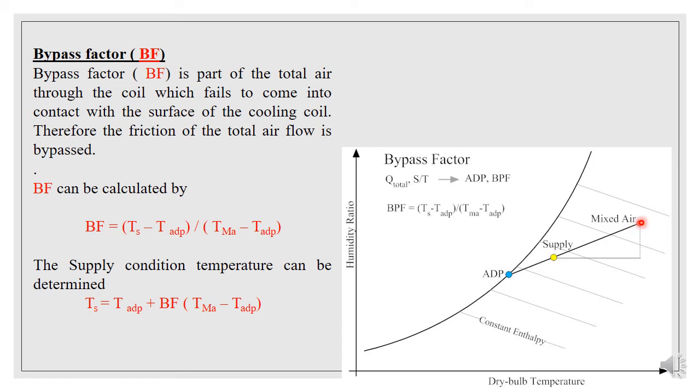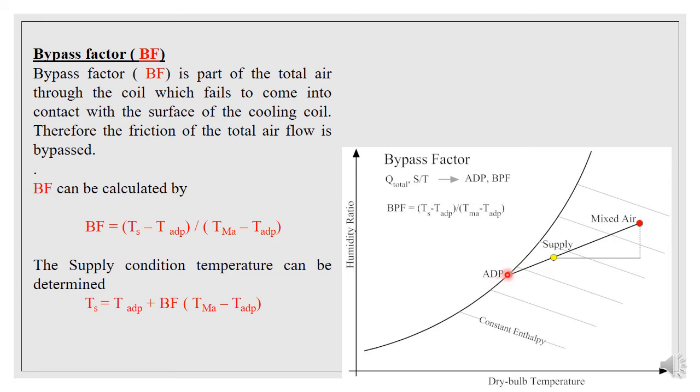Then from the mixed air point, you draw the grand sensible heat factor line, the GSHF, until it touches the saturation line, whereby you can get your apparatus dew point condition.